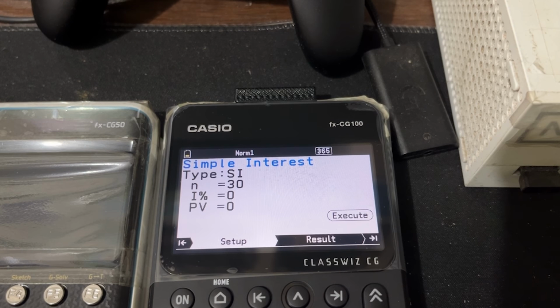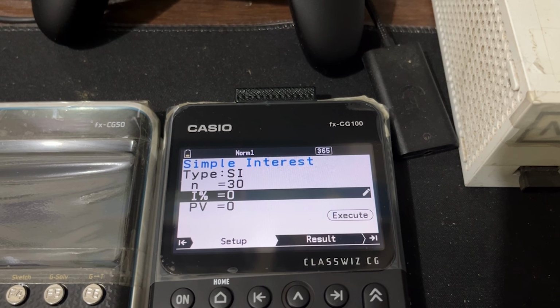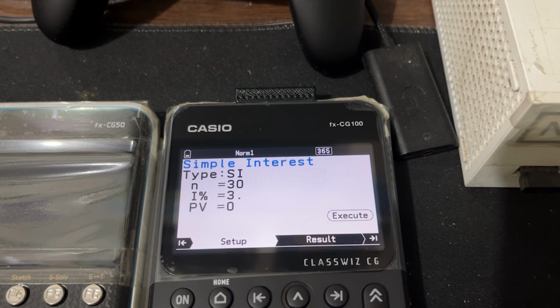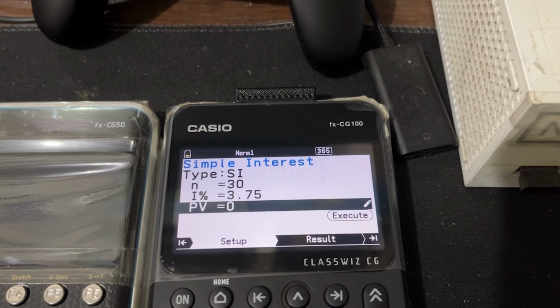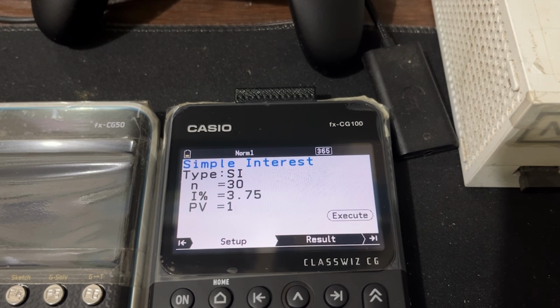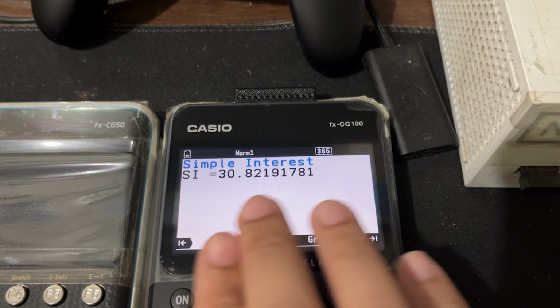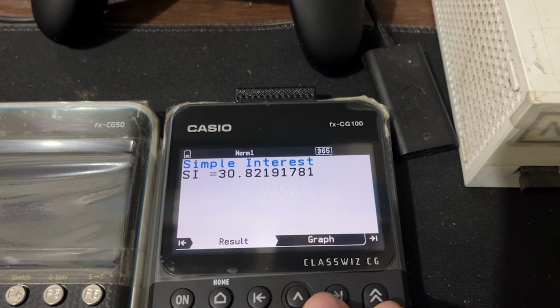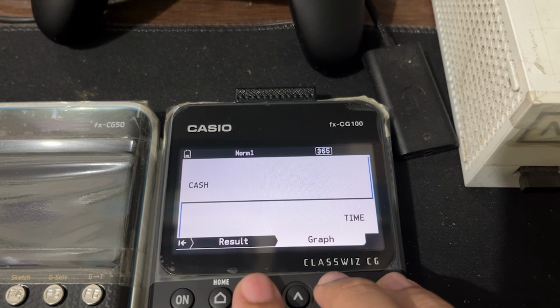For example, 30 days, 3.75 per annum, and how much your principal capital, like I give you 10,000. I put the money in, 10,000. So okay, press execute. Okay, your interest is 30.